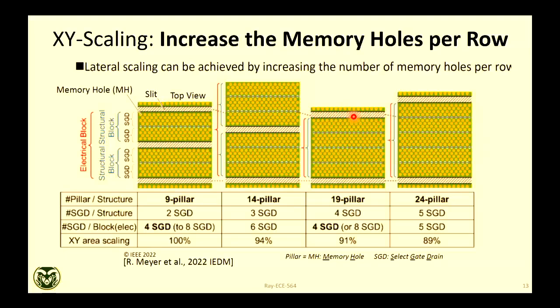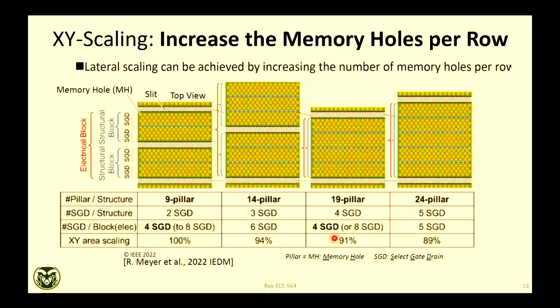It physically separates one block from another block. You can see 9 pillars. You can count it actually: 1, 2, 3, 4, 5, 6, 7, 8, and in between 9. So this is the 9 pillars in a block. In this one, 14, right? So this is 19 pillars. That's how you can increase bit density with XY scaling.